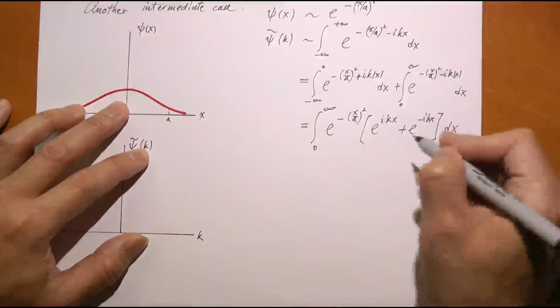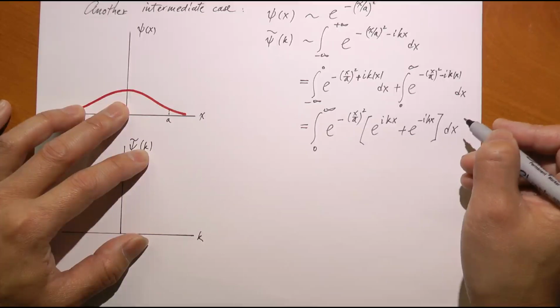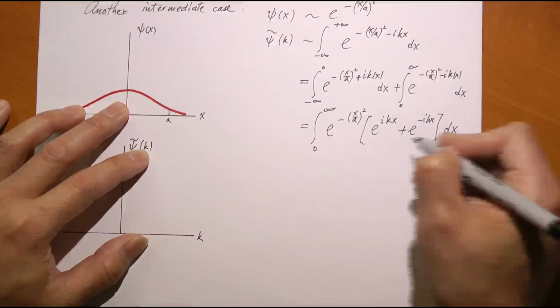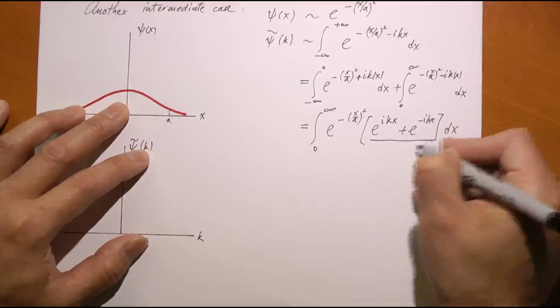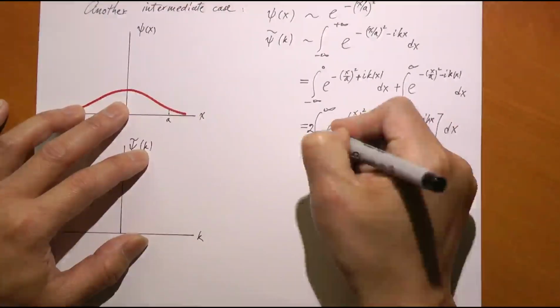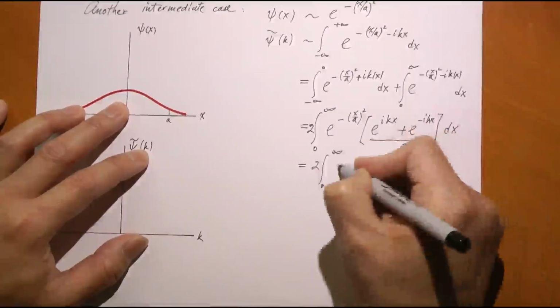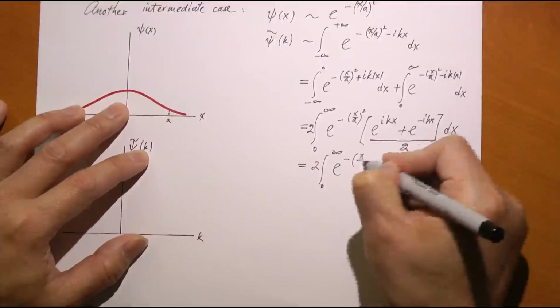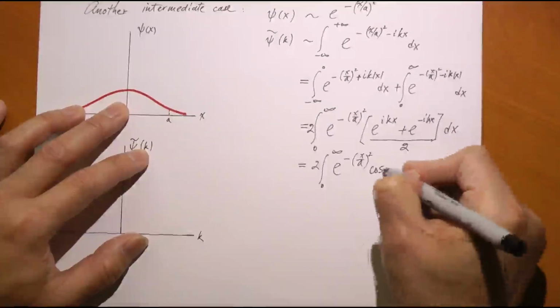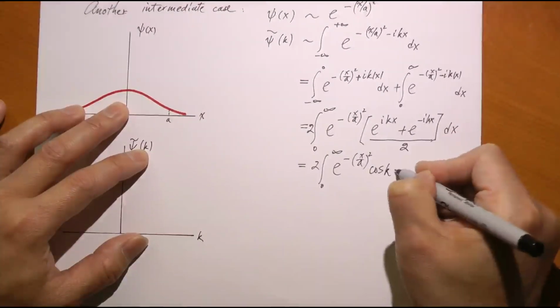Again, thanks to Euler's formula, e to the i theta equals cosine theta plus i sine theta. So you divide this by 2, you get this cosine function multiplied by 2. So this in fact equals 2, integral from 0 to infinity, e to the power negative (x over a) squared cosine kx.